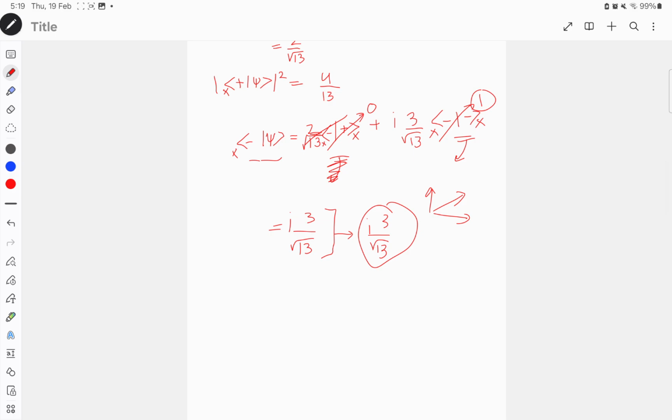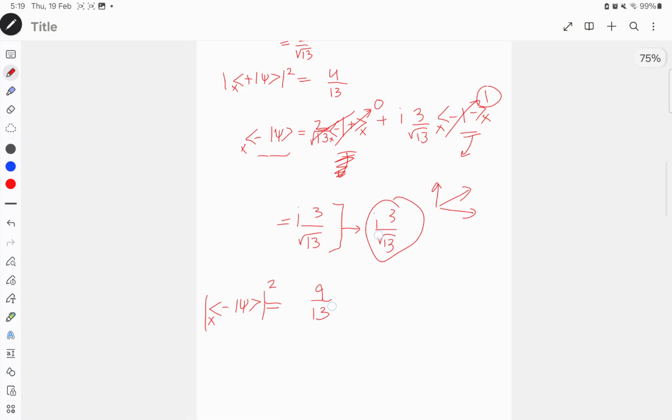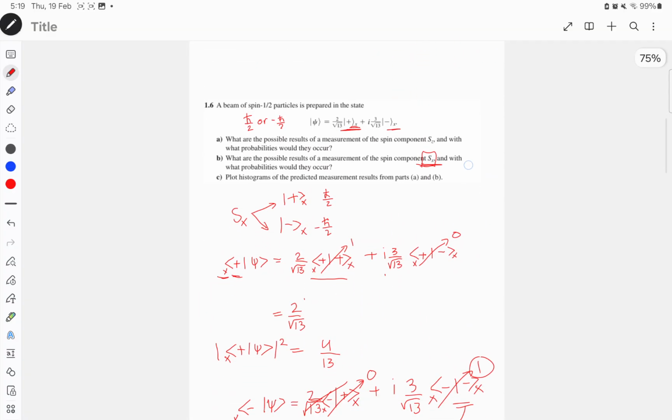Before squaring, the inner product gives us a projection. So then the probability will be, squaring it will give us 9 over 13. That is it.